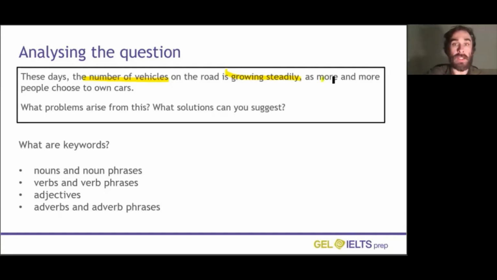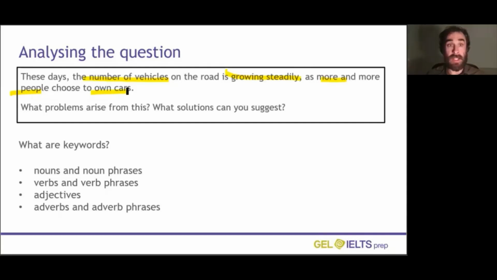More and more, we can just underline. More people choose to own cars. Okay, so we're talking about the number of cars on the road, and this number is going up. Okay, so we're talking about the number of cars going up because more people have cars.